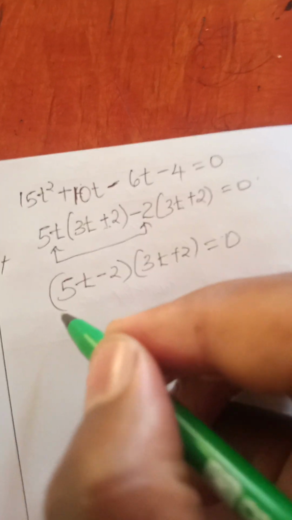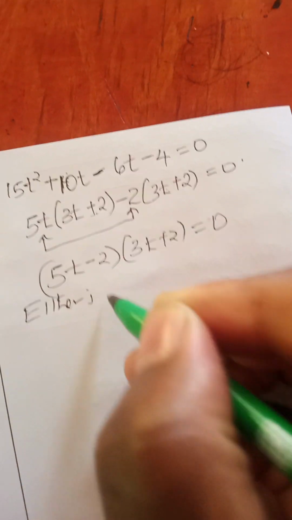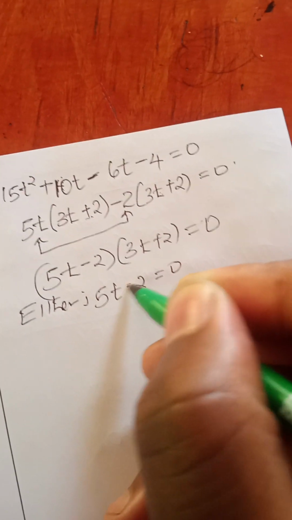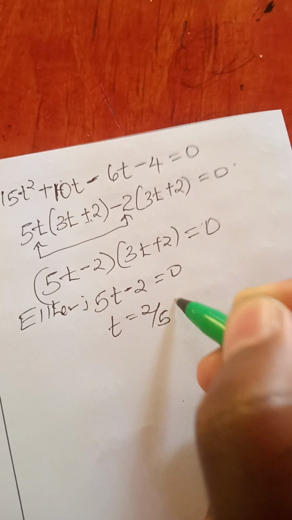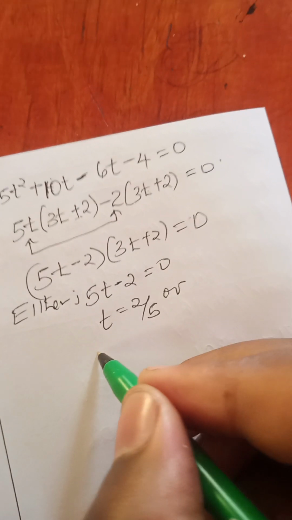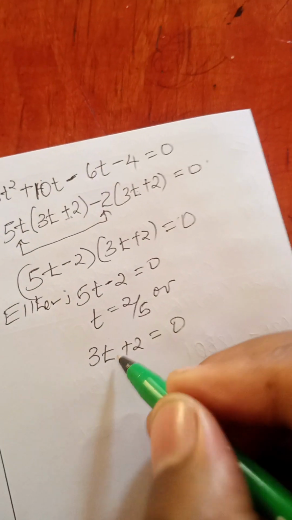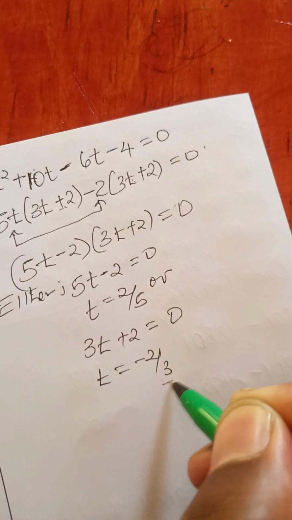Then we equate this to 0. So we can say either 5t minus 2 is equal to 0, meaning that t will be 2 over 5, or 3t plus 2 is equal to 0, meaning that t will be -2 over 3.